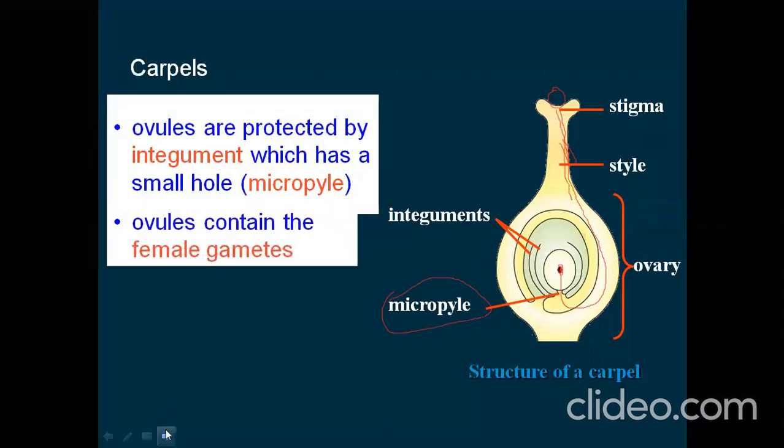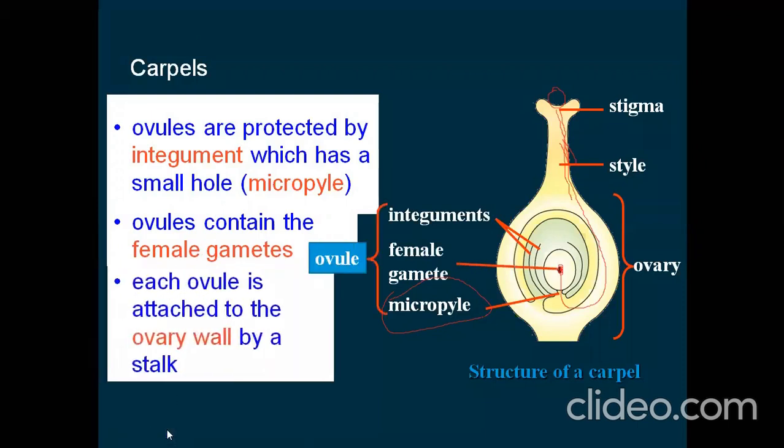The ovule contains female gametes. Each ovule is attached to the ovary wall by a special stalk. You can see here, this is the ovary wall.